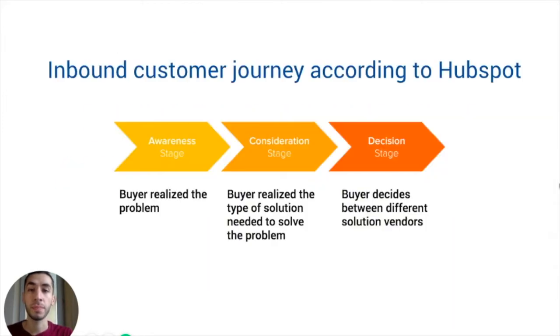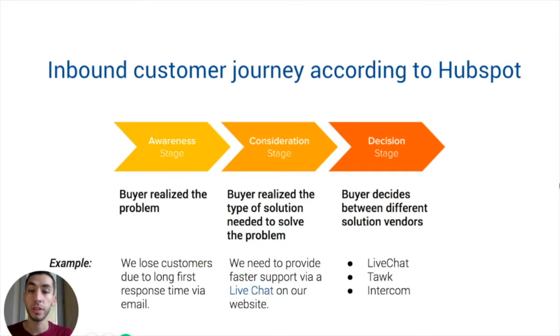But overall, to give you an overview of how the inbound customer journey looks, mostly according to HubSpot, you have basically three different stages: awareness stage, consideration stage, and decision stage. To give you an example, in our case, one of our most valuable and essential features is live chat that you can install on your website.